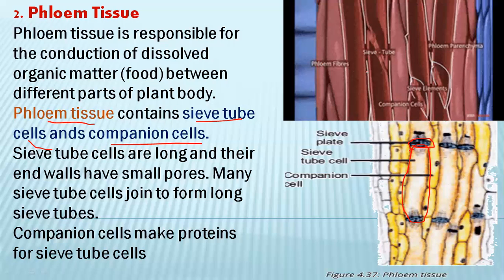This is the sieve tube, it has a sieve plate here. This is the companion cell, and sieve plates are there, and phloem parenchyma cells are also there, which all help in the conduction.